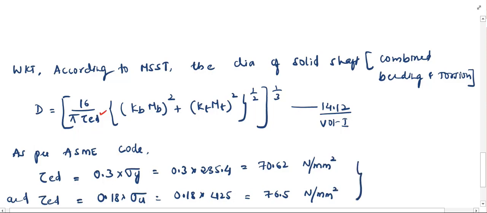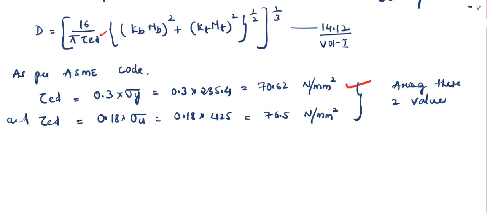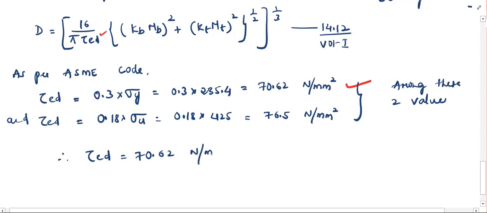So among these two values, this 70.62 is the minimum. Therefore, the tau ED value will be 70.62 Newton per mm square.